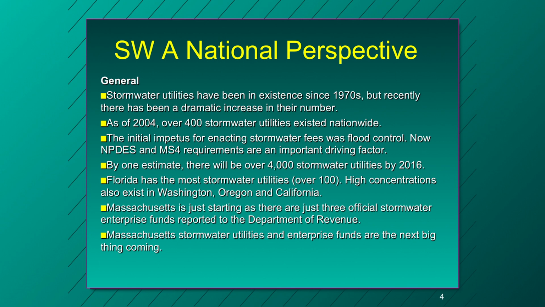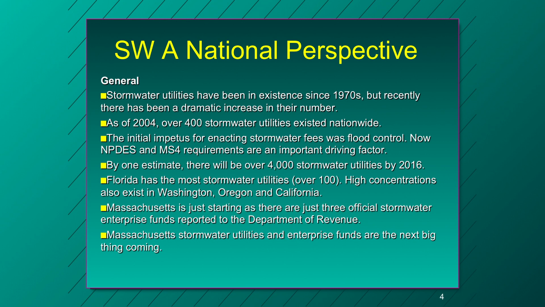And now with the NPDES and MS4 requirements, we're seeing those as major drivers. So one person has estimated there'll be over 4,000 utilities for stormwater by the end of this calendar year. That's quite a jump from the 400 going back about 12 years.